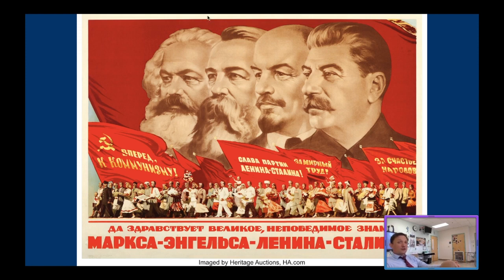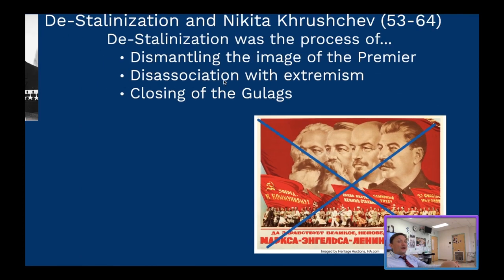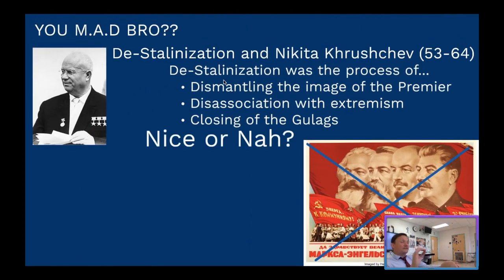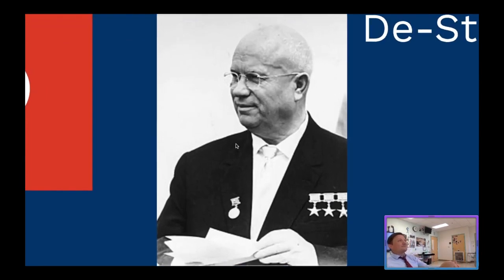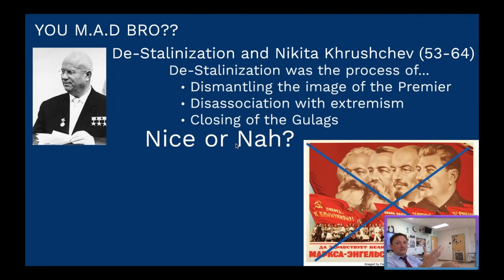And notice really quickly that they are being glorified and cultified with these two guys right here, Karl Marx and Friedrich Engels. He wants to get rid of this. He wants to move away from that, and to a different understanding of the premier, that he is an official of a country with some type of economic policy. So he begins to bring a softer image of the entire premier person, right?